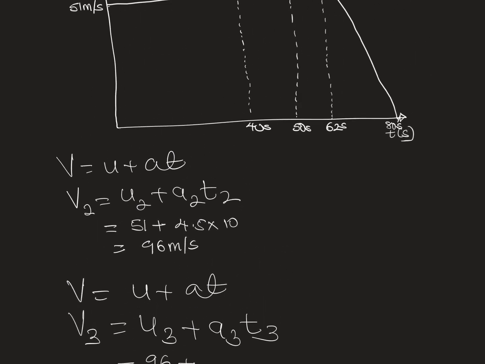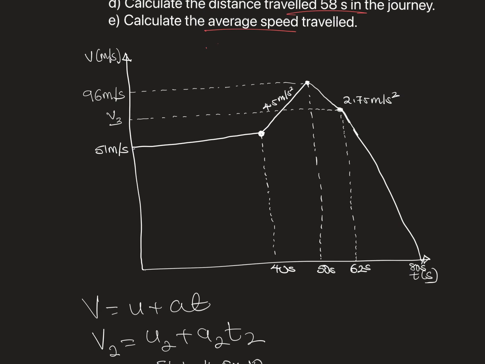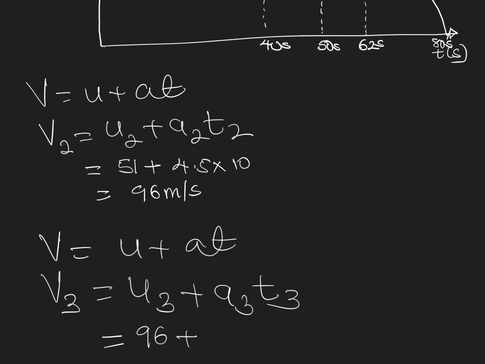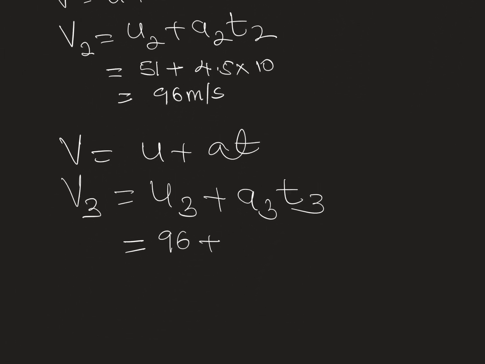The third event is a deceleration, so the acceleration will be negative. Because deceleration is a negative acceleration, it reduces the speed of a moving object. So we make the acceleration negative there: negative 2.75. And what was the duration of the deceleration? It was 12 seconds. So what will that give us?